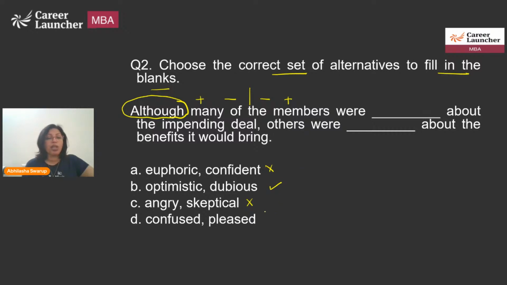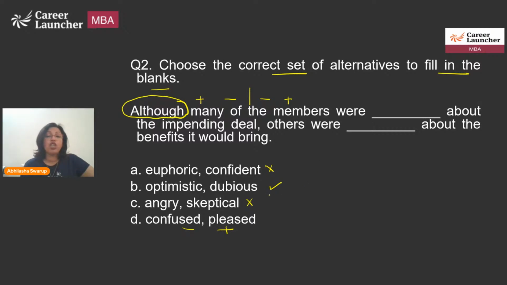Now the problem is with confused and pleased, these two words are not really antonymous. They are in opposite tones, the first is negative, the second is positive. While optimistic and dubious are antonymous, optimistic is when you have a positive outlook, dubious is when you have a negative outlook or you're doubtful about it.